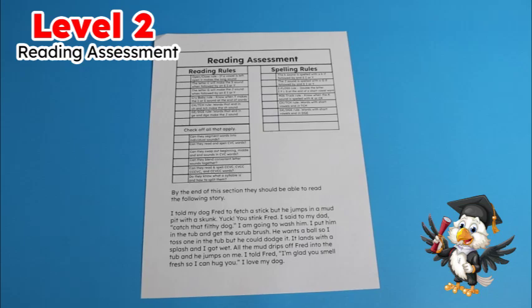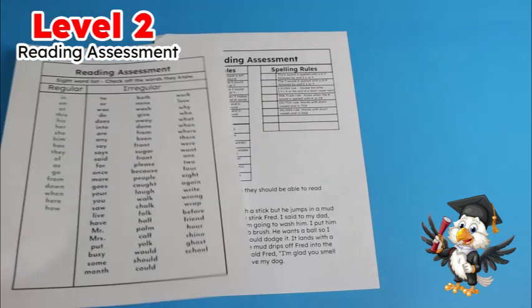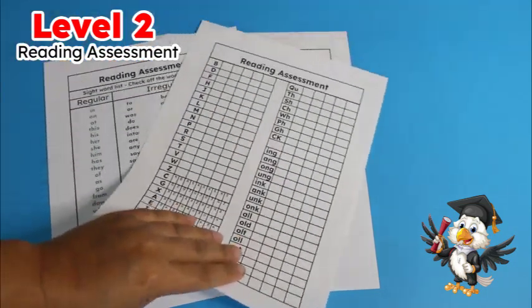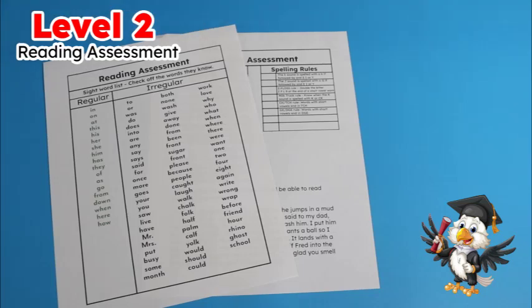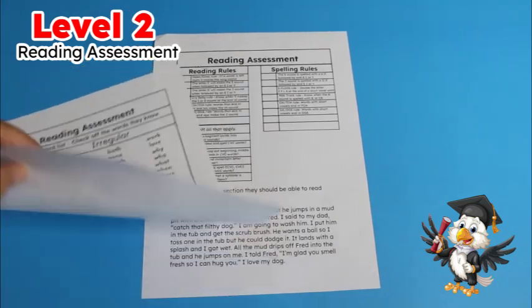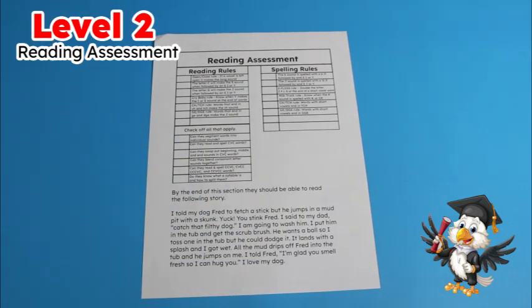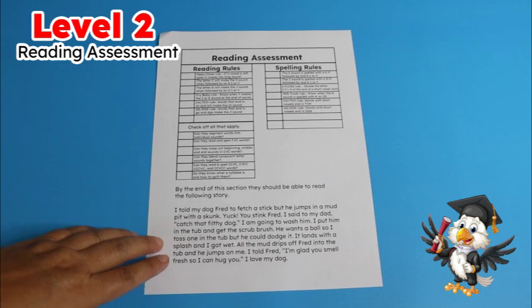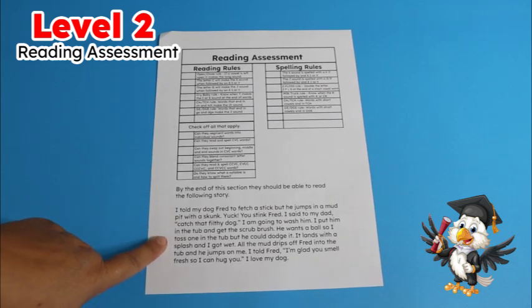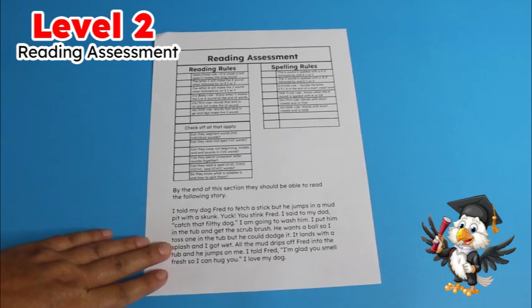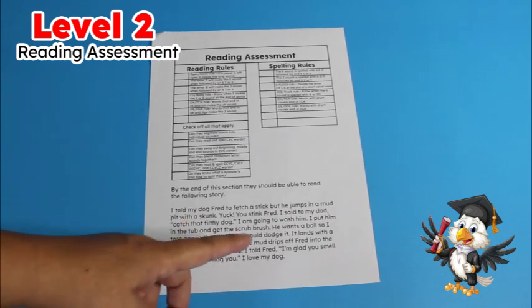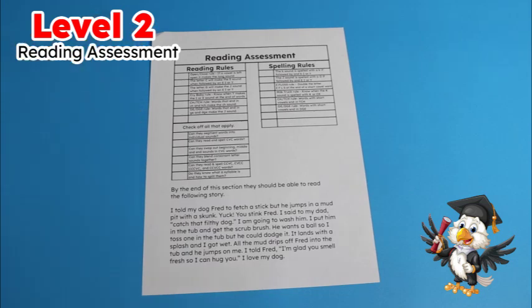So by the end of all this, if they have got checks on everything, all 3 sheets, and they don't struggle with any of that, then they should be able to read this story by themselves without issue. So the story is, and this story uses words with all of the different rules and things.